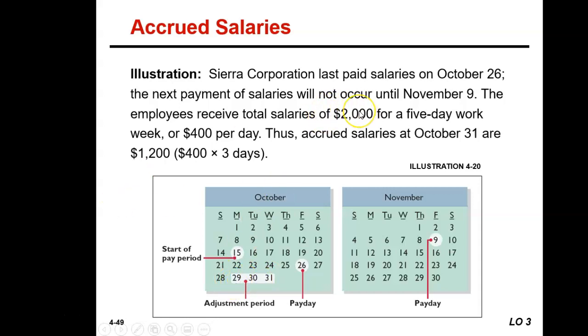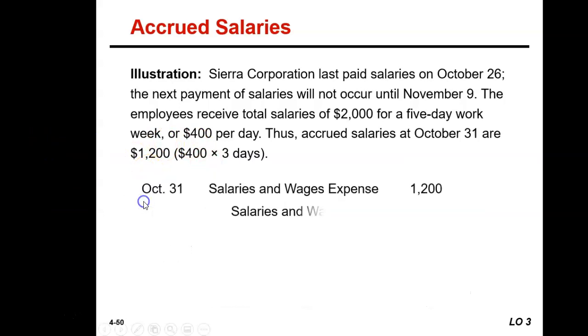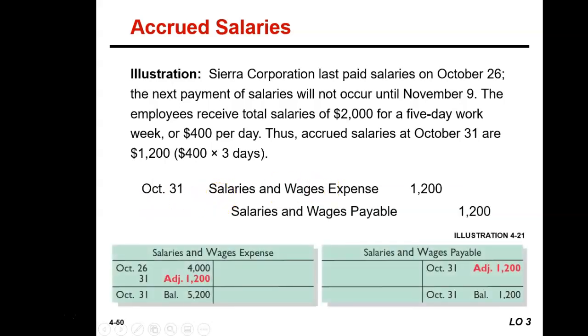If they're earning $2,000 for a 5-day work week, they're earning a total of $400 per day. 400 times 3 means the accrued salary total is $1,200. When you make the adjustment, we would debit salary and wage expense for $1,200, and credit salaries and wages payable for $1,200.